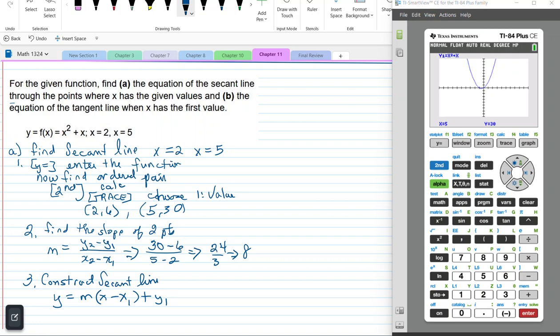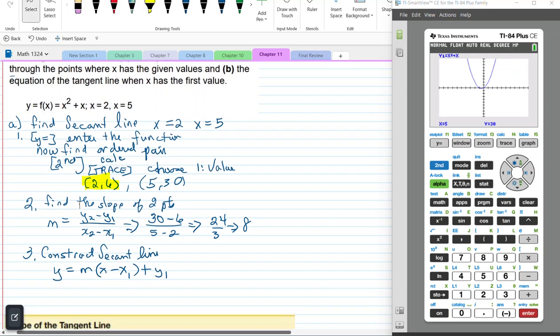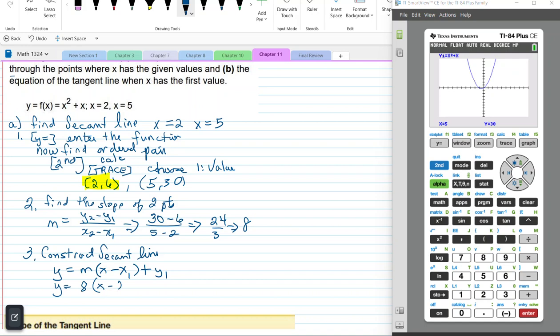So I'm going to use that first point because they're small numbers. All right, so let me get started on that. I'm going to have y equals my 8 times x minus the 2 plus the 6. Do the distributive property.